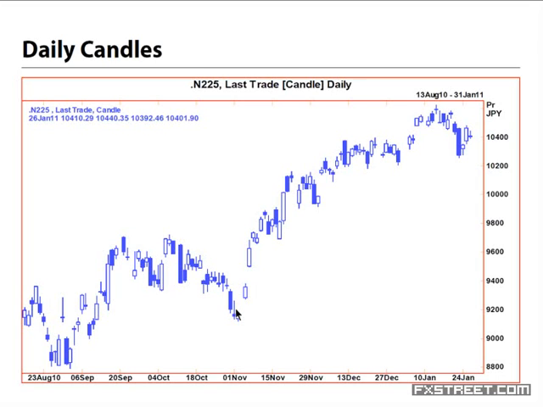So the first thing to do is plot the daily candlesticks on the chart. I'm assuming you're all au fait with candlesticks. If not, may I suggest you go to the expert on the subject, which is Steve Nison. With these candlesticks, you're looking for conventional Western patterns, like, for example, a triangle that we've got there, or a little rectangle consolidation as there, or a potential double top as there.